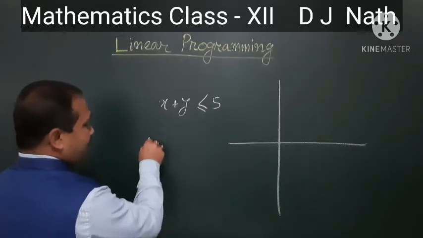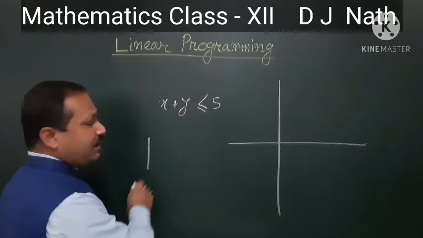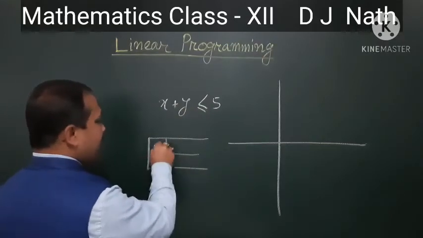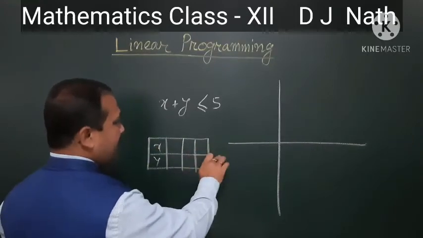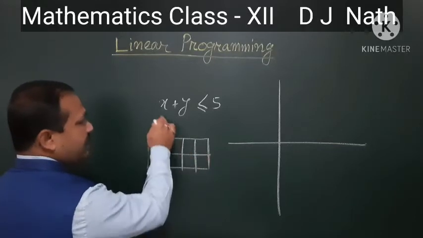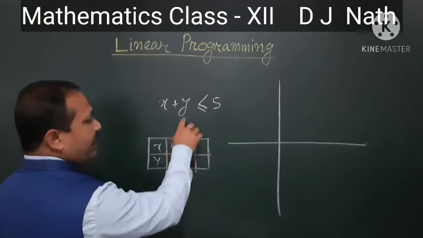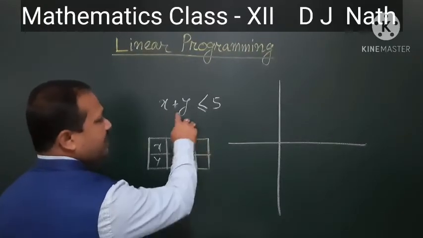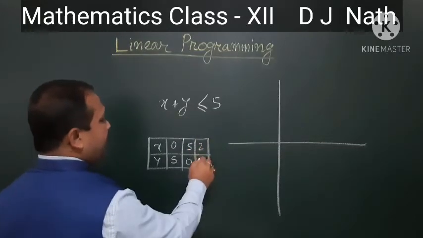First we take it equal to 5 to get the values. Generally we take x as 0. If x is 0, y will be 5. If y is 0, x also is 5. If x is 2, then y will be 3.